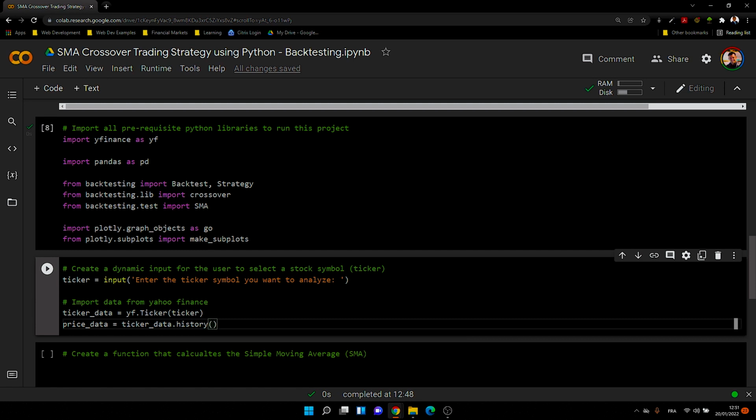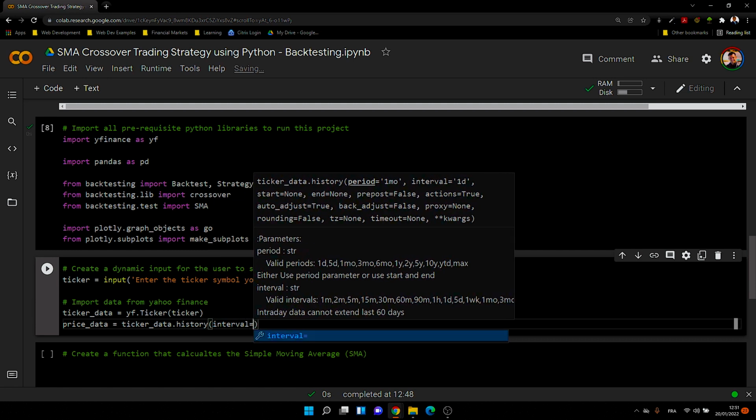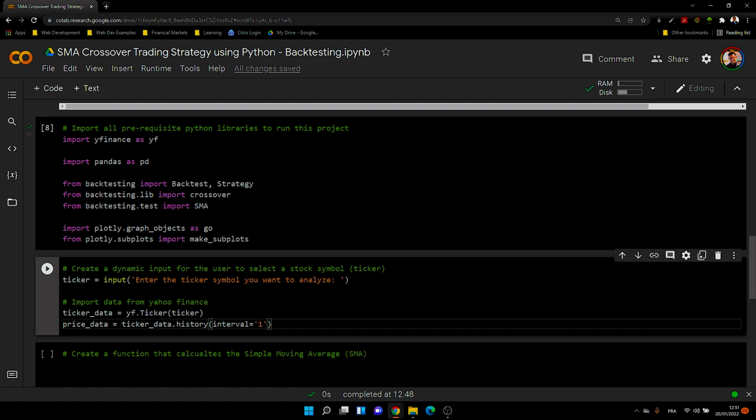And here we will pass in an interval, and we will say the interval will be 1 hour. And we will select a period range of 200 days. We'll put in a small comment here that this is the maximum amount of 1 hour data that we can get through this API, which is 200 days maximum.